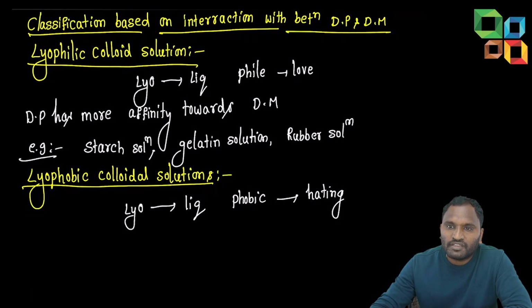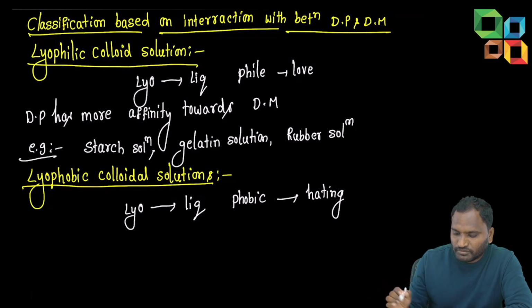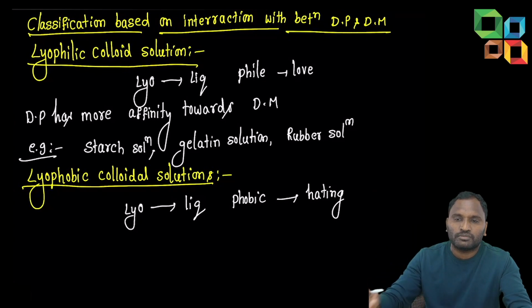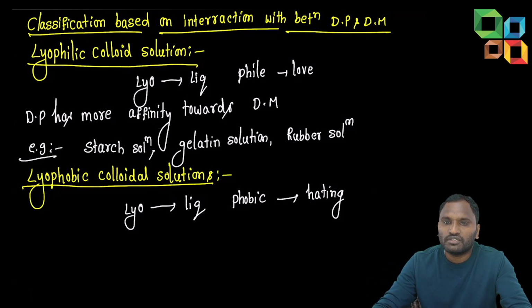Example, metal salts. Suppose you want to prepare gold sol. If you add gold directly to a solvent like water, it won't dissolve, it won't mix. So it is hydrophobic or lyophobic. Metal salts and metal sulfide salts are examples of lyophobic colloidal solutions.